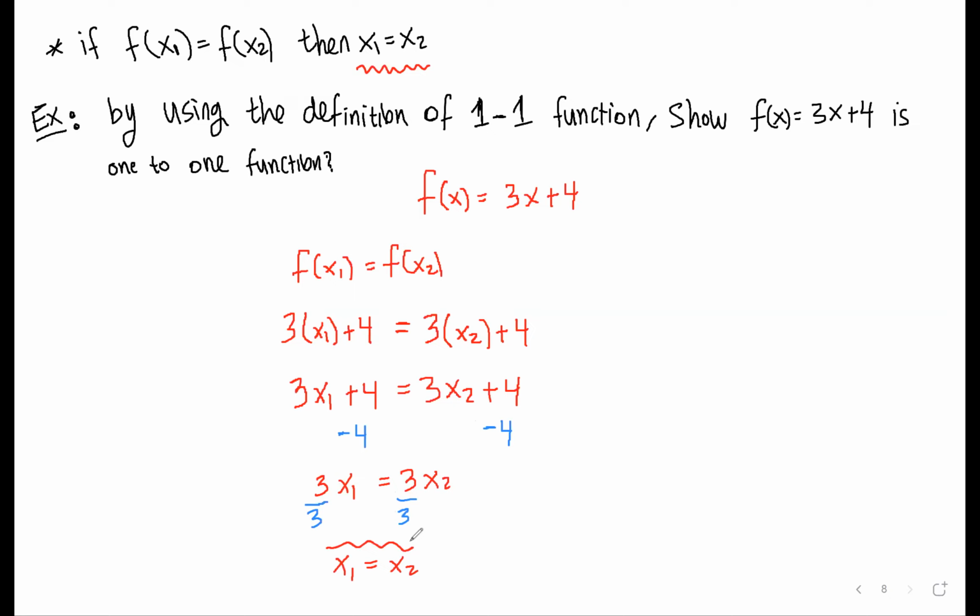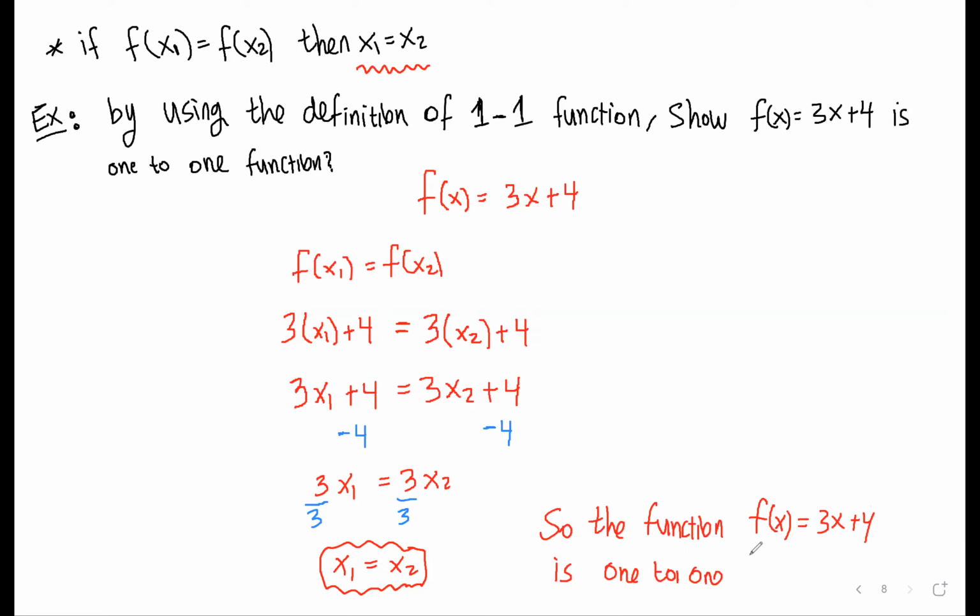So this means if I arrive at this point, x1 equal x2, the function f of x equal 3x plus 4 is a one-to-one function. So I can say here, the function f of x equal 3x plus 4 is a one-to-one function.